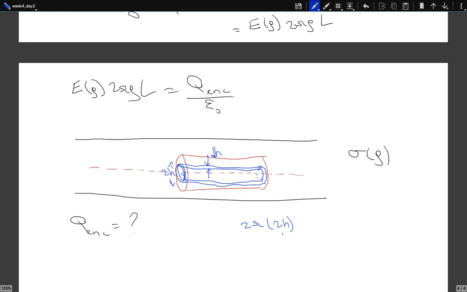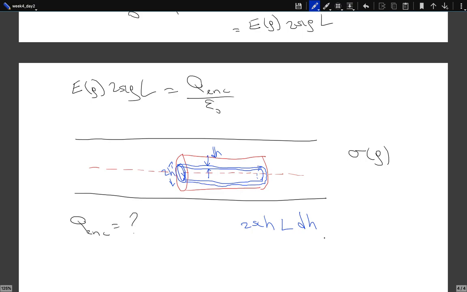If I open up that shell, it will become a rectangle with some thickness. 2 pi h is one side of the rectangle. The other side of the rectangle is L. I'm just imagining this blue shell to have the same height as my red cylinder. This is the area of this rectangle. It has a thickness dh. So this is the total volume of this shell.